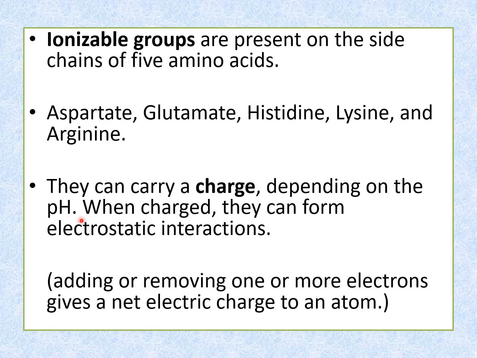So depending again on the pH or environment they are exposed to, they will be able to carry a specific charge. When charged, these ionizable groups of the amino acids can form electrostatic interactions. Adding or removing one or more electrons gives a net electric charge to a specific atom.